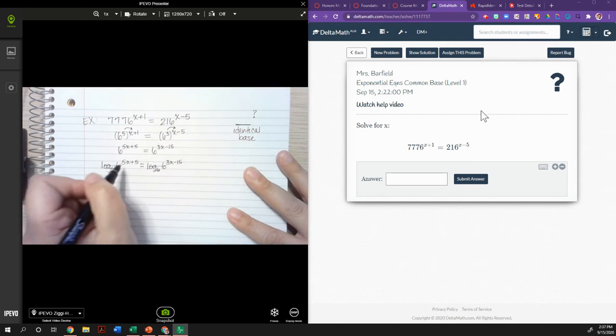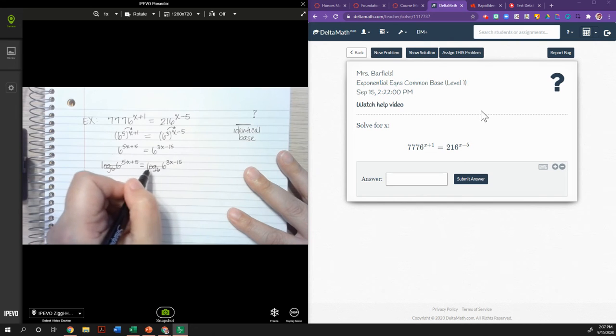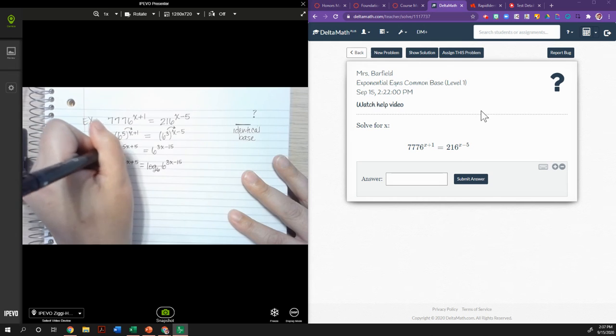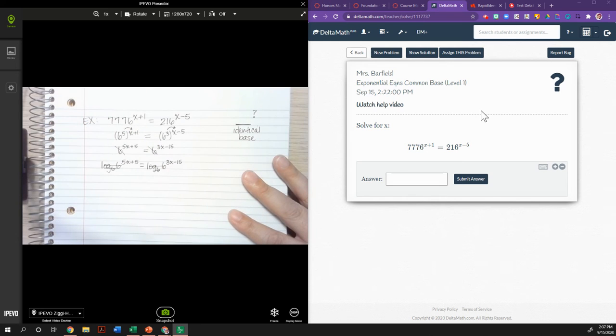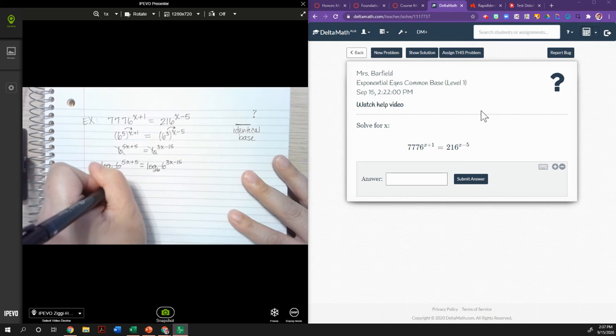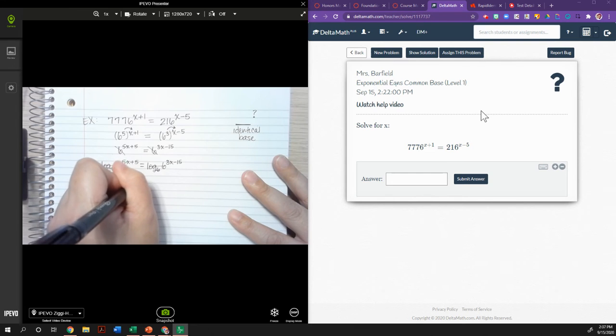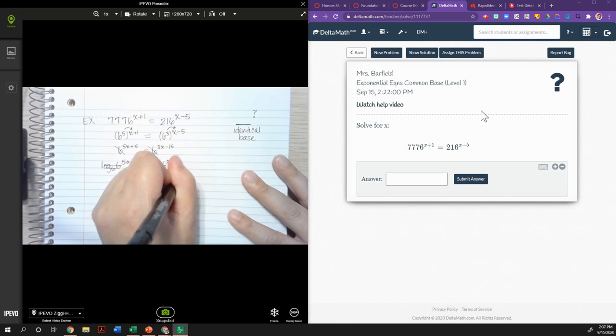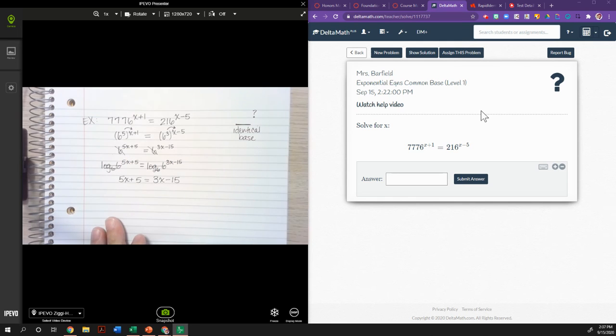Over the years, we as mathematicians just skip it. We say, same bases, I skip it, and I know now that 5x plus 5 equals 3x minus 15.